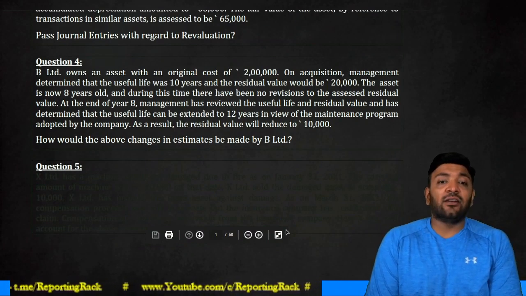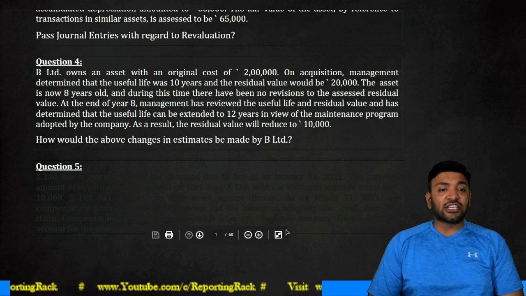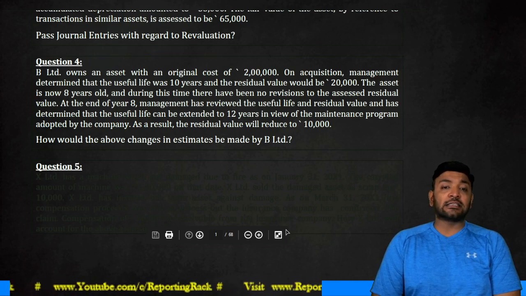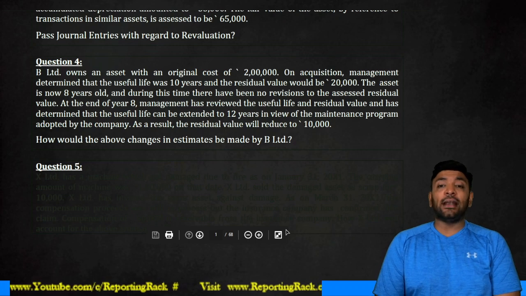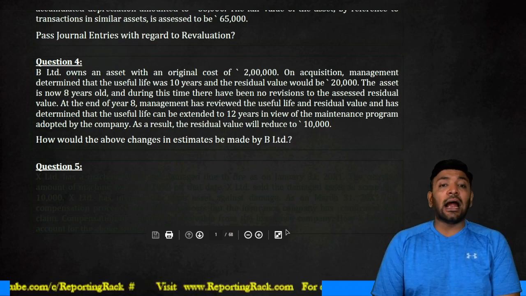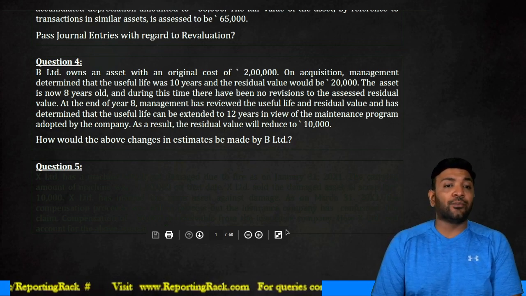B owns an asset with an original cost of 2 lakhs. On acquisition, the management determined that the useful life of the asset was 10 years. Residual value will be 20,000. The asset is now 8 years old, and during this time, there was no revision to the assessed residual value.